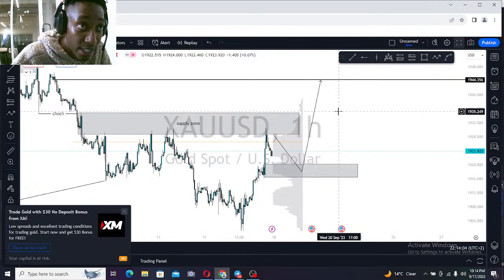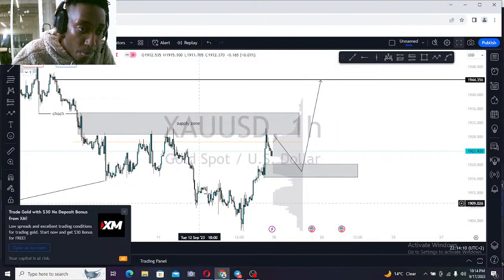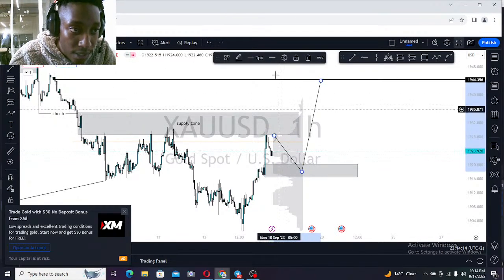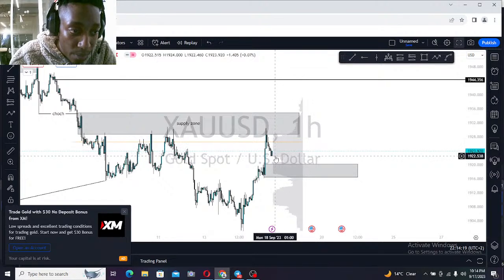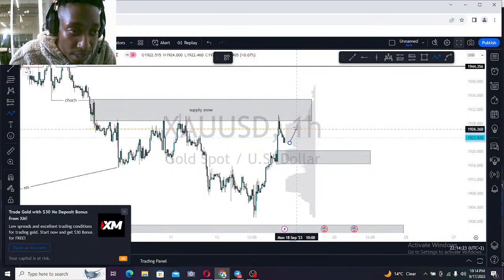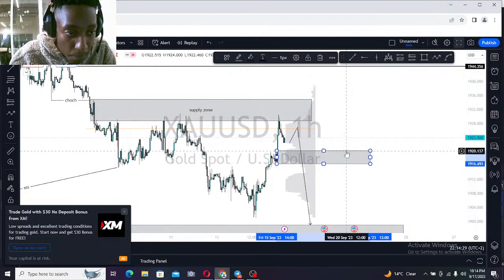We need to monitor this setup first, and then let me show you the second setup. Gold can push to the upside, then a retest, and then it pushes to the downside, and it takes out this demand zone.